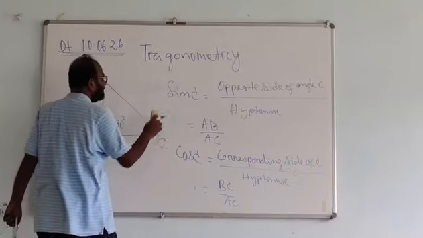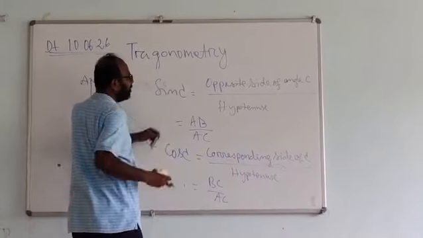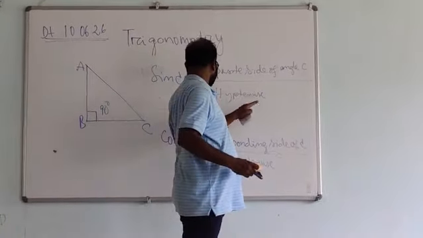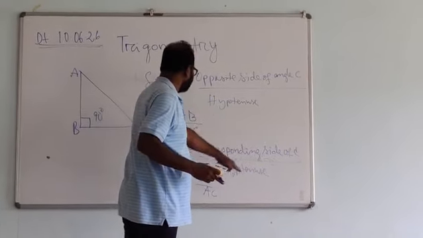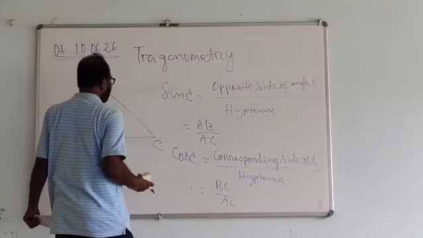Now we will go for tan C. So sin C is the opposite side of angle C by hypotenuse, that is AB by AC. Cos C is the corresponding side of angle C by hypotenuse, that is BC by AC.